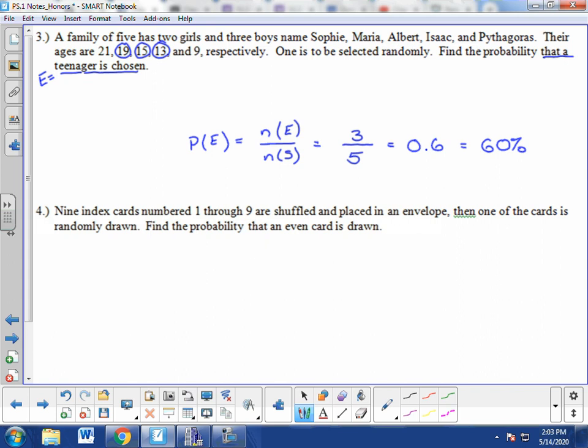So you could represent this probability as a fraction, 3/5, as a decimal, 0.6, or as a percent. It's a 60% chance that if we chose 1 out of this family, it would be a teenager. At this point, go ahead and see if you can pause the video and do problem number 4. In this case, you have to find the probability that an even card is drawn.